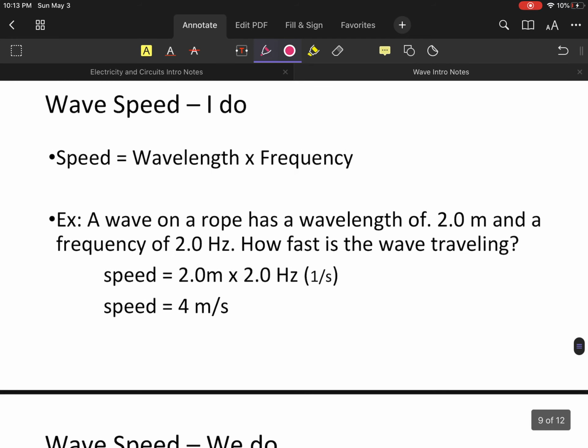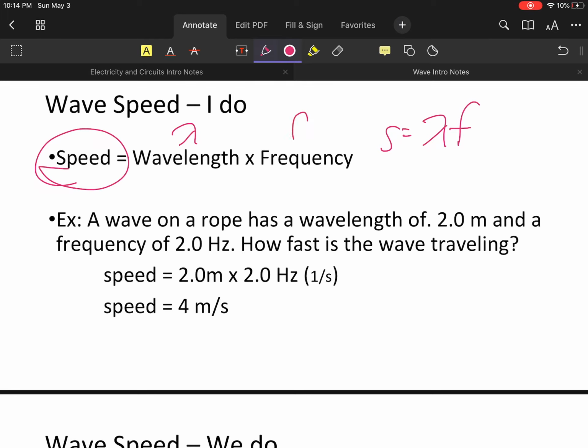Okay. The last property is speed. So we can actually look at this as a mathematical formula. Here's our formula: speed is wavelength times frequency. Wavelength actually looks kind of like an upside down Y. It's a funny little symbol.